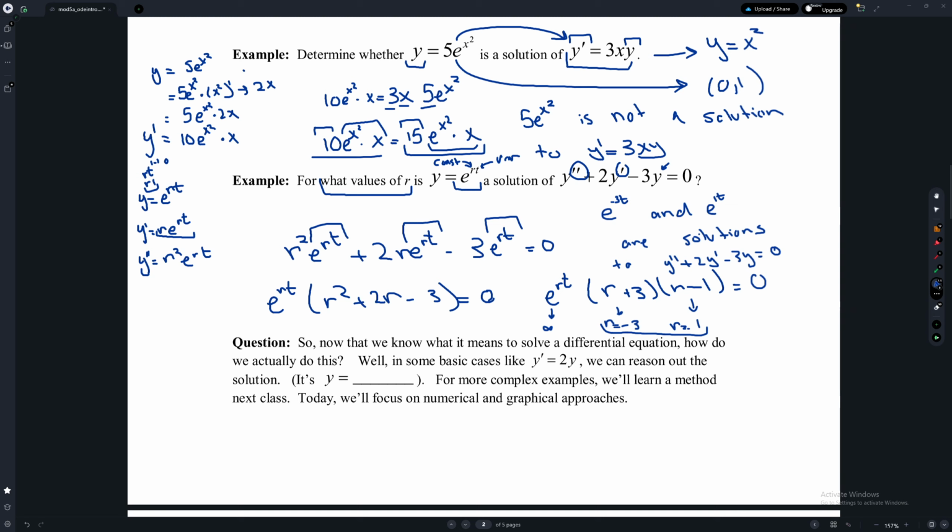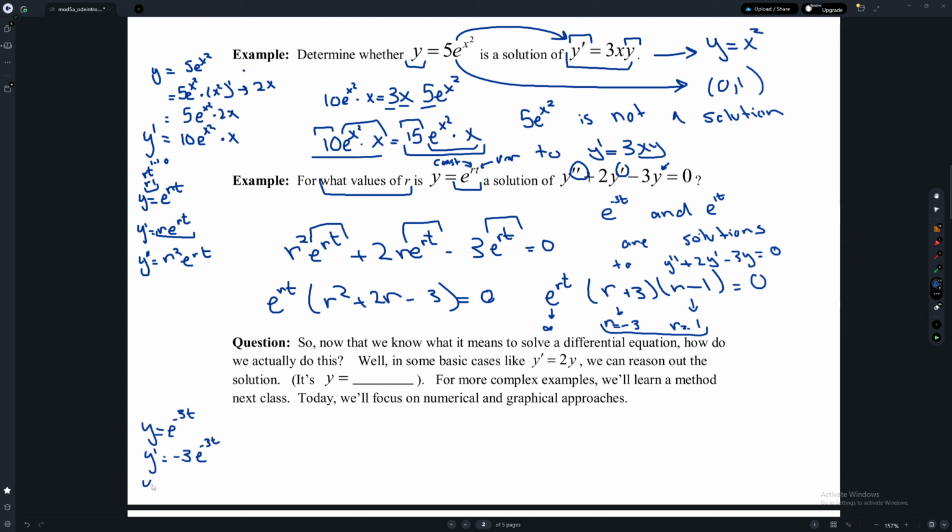So basically, what you could do to confirm this, I'll do it down here. If I take this and sub it in here, y equals e to the negative 3t, right? Our first derivative would equal negative 3e to the negative 3t. I'm just doing this quickly to show you guys how to confirm your answer.